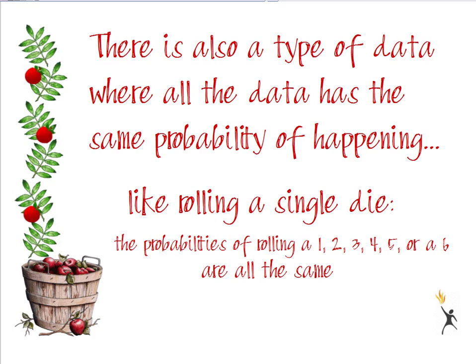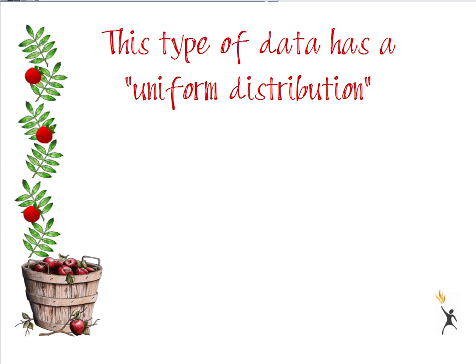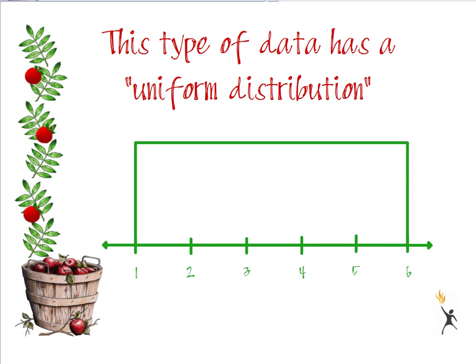I have the same chances of rolling a 2 as I do of rolling a 5. They're all 1/6. Well, this type of data is not normal distribution. This type of data is called uniform distribution, and it works a little differently.